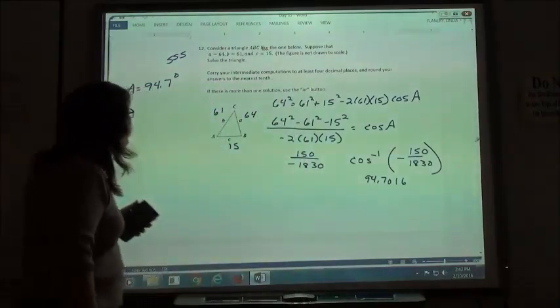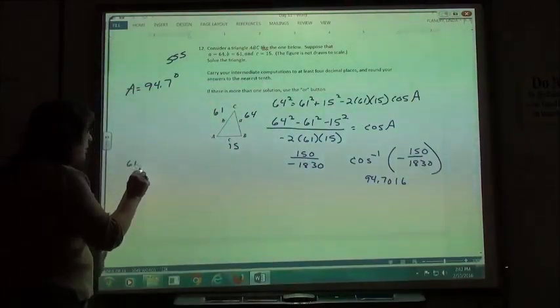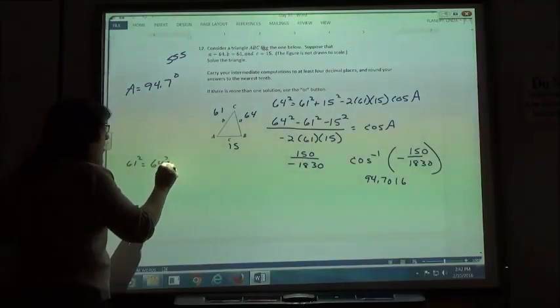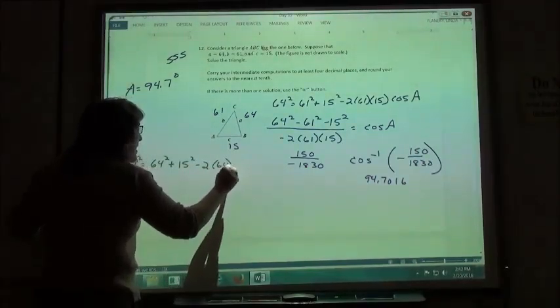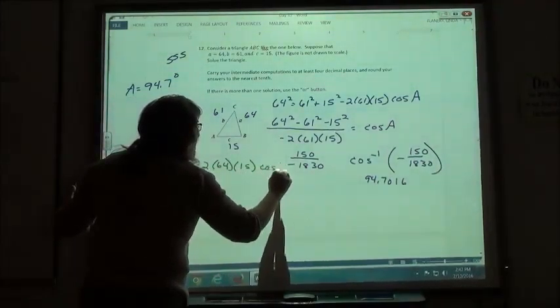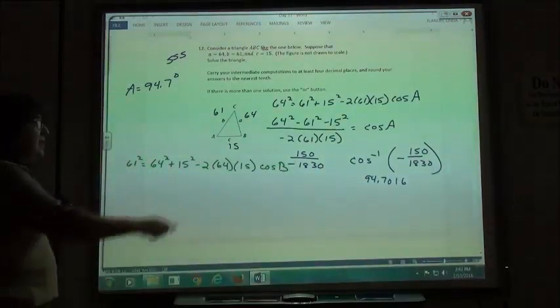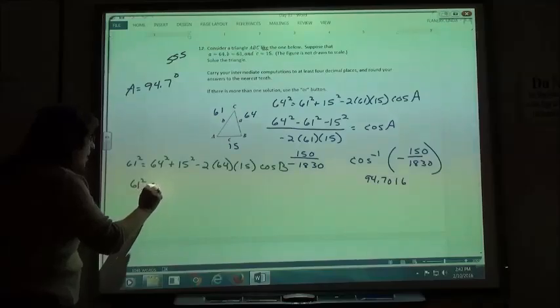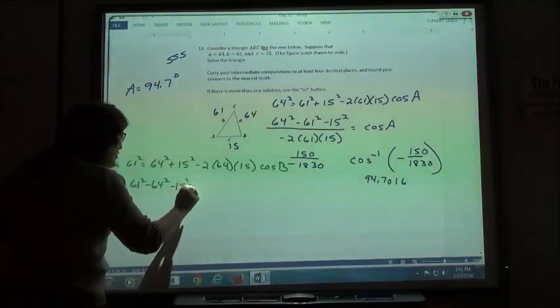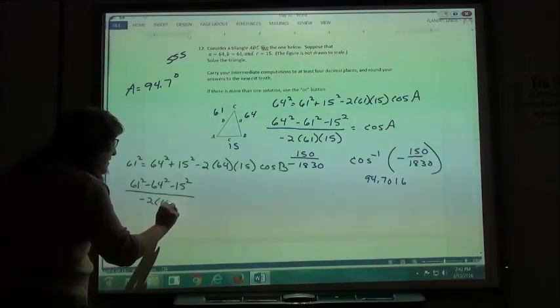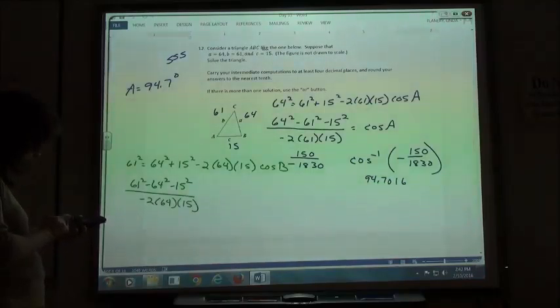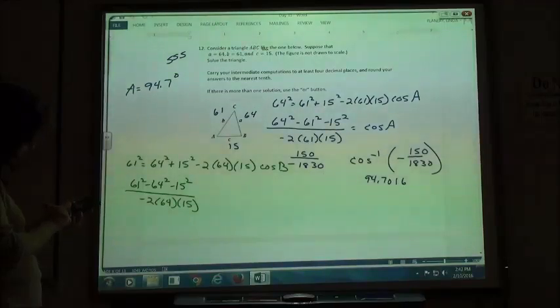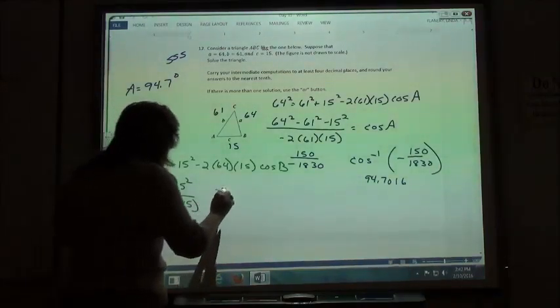So again I'm going to use my law of cosines. B, 61 squared equals A squared plus C squared minus 2 times A times C cosine of B then. So same kind of thing, rearranging: 61 squared minus 64 squared minus 15 squared over negative 2 times 64 times 15. So 61 squared minus 64 squared minus 15 squared is negative 600.